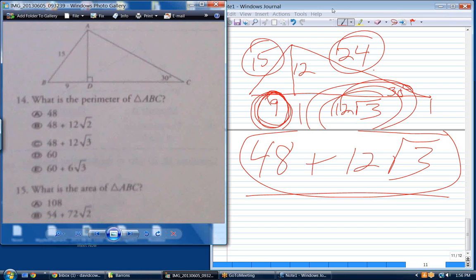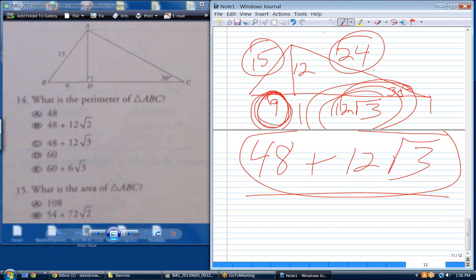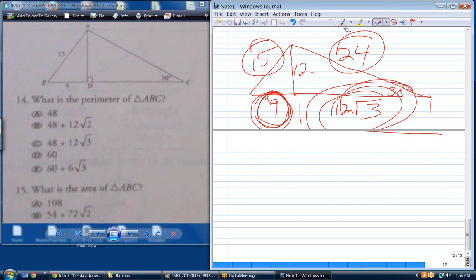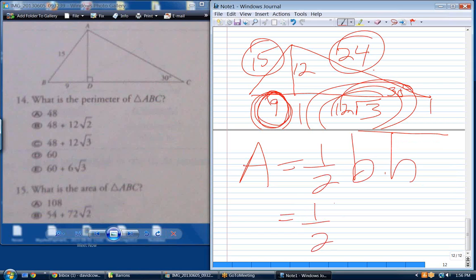Okay, what's the area? So I'm asking what the area is. The base is 9 plus 12 square root 3. And the height? The other 12.